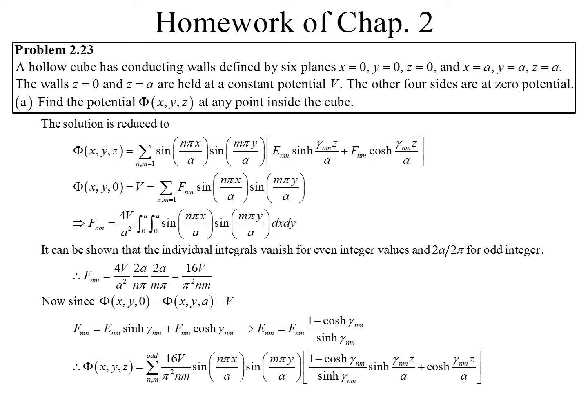The potential at z equals a has the same potential V as at z equals 0, so we have the relation that F series equals E series times sinh plus F series times cosh, and then we have the relation between the E series and the F series.